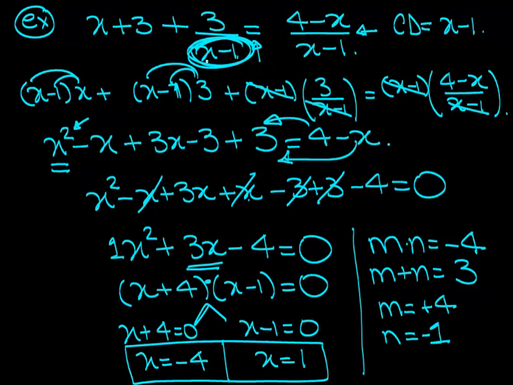So 1 cannot be my solution, because if 1 is my solution, I'll get division by 0. Is 1 one of my solutions? Sure it is. So this cannot be the solution because it'll give us division by 0. So the only solution to this problem is this. Please don't forget those subtle things that we talked about in section 2.1. If the variable is in the denominator, you still need to go back and check your solutions.